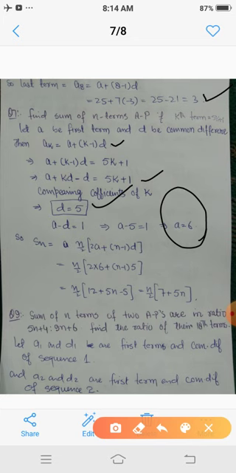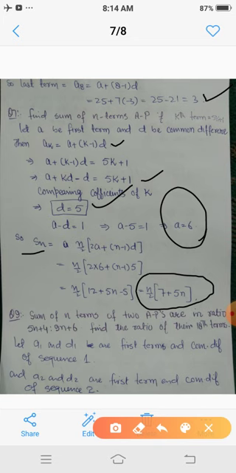Hence the sum of the first n terms is n by 2 into 2a plus n minus 1 into d, which is n by 2 into 2 into 6 plus n minus 1 into 5. After simplifying this, we simply get Sn in terms of n as n by 2 into 7 plus 5n. So this is the sum of the first n terms of the AP whose kth term is 5k plus 1.